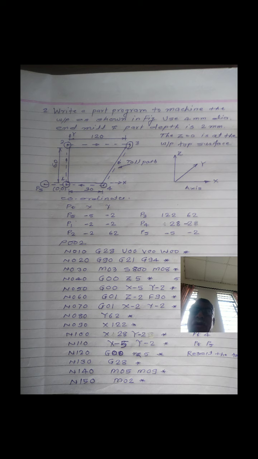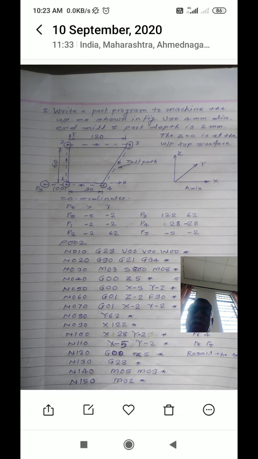How is it 28? 30 minus 2, where 2 is the cutter radius, and the y coordinate is -2. Then move the tool along the x-axis up to the starting position of the tool. We move the tool to the starting point with coordinates -5, -2.